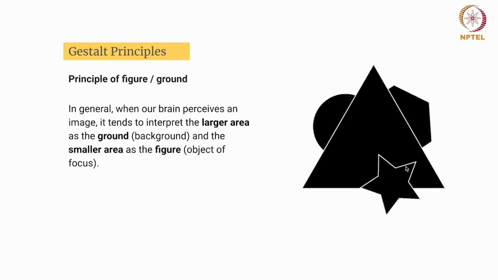And since the star seems smaller in size, your brain automatically tends to keep it in the top layer. Our mind seeks efficiency and simplicity in processing visual information, and it assigns prominence to smaller, distinct areas, whereas it relegates the larger, more uniform areas to the background.